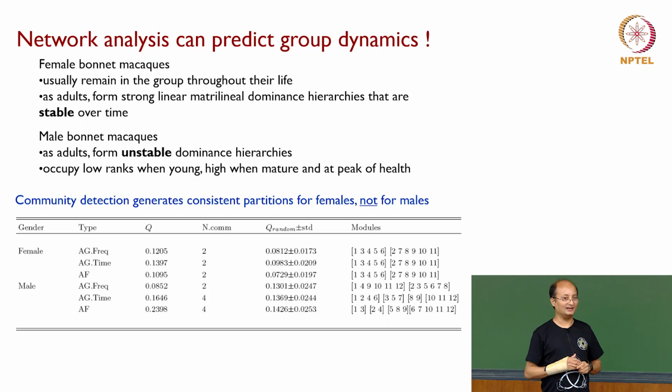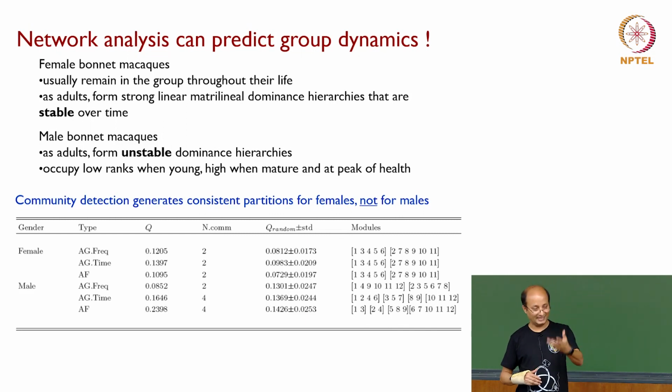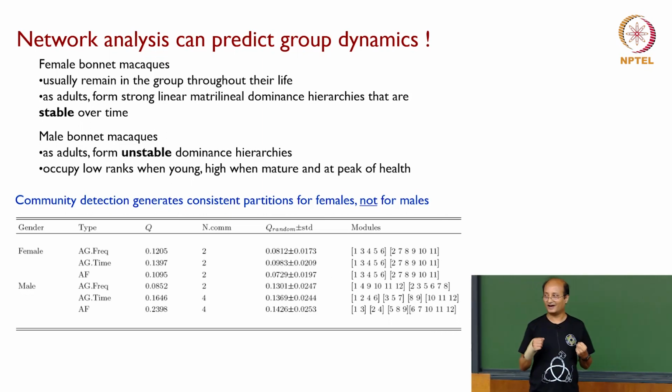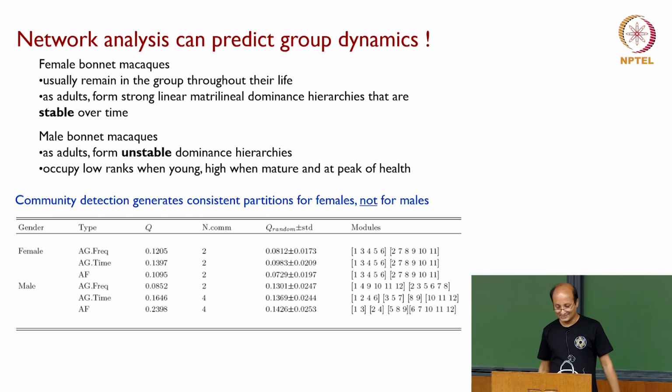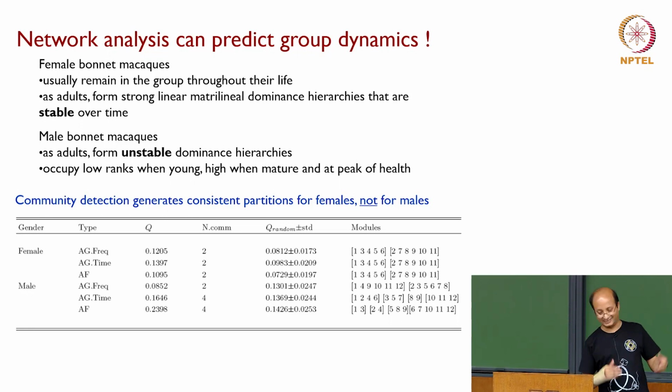Today's king can, say, break his hand, and tomorrow you are number 10, because you can't fight. So it's very unstable. They constantly get challenged by younger males, and you have to really fight hard to remain the top dog.